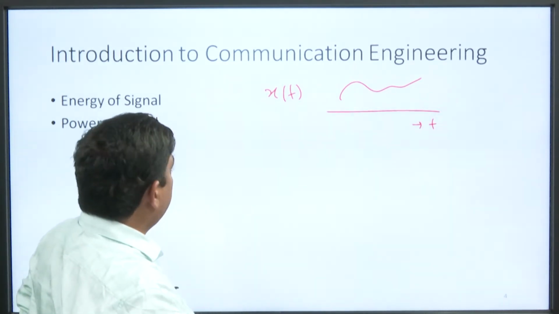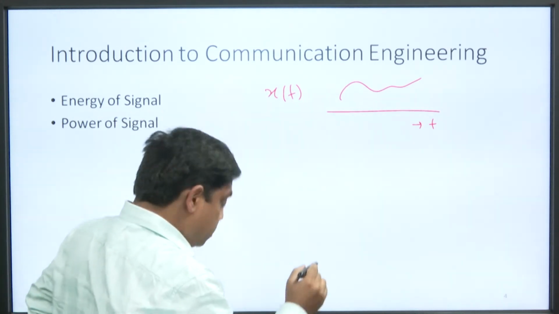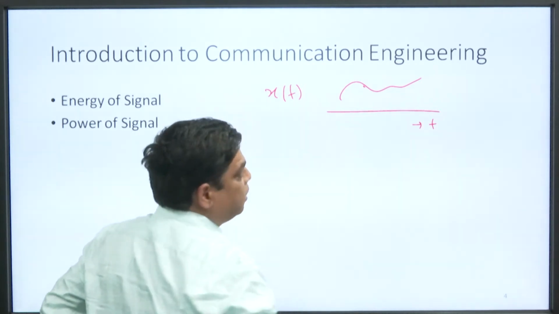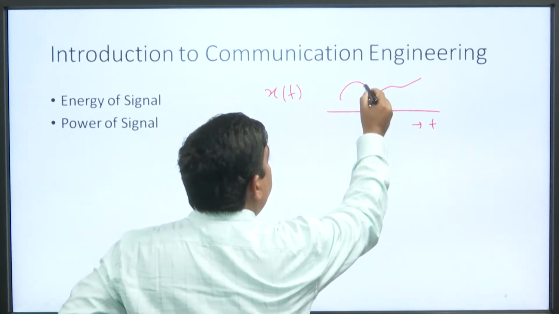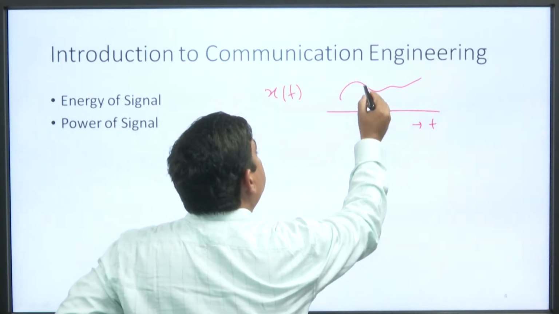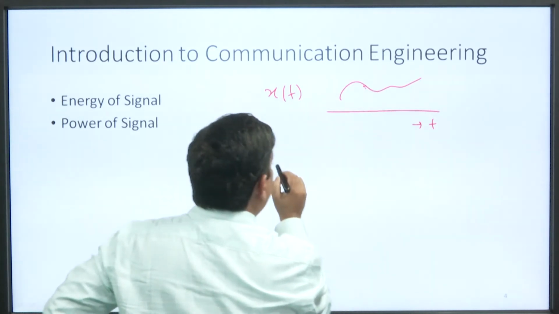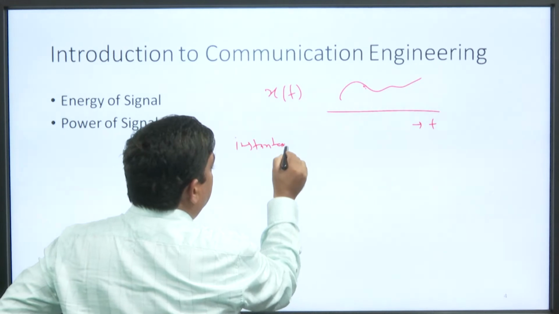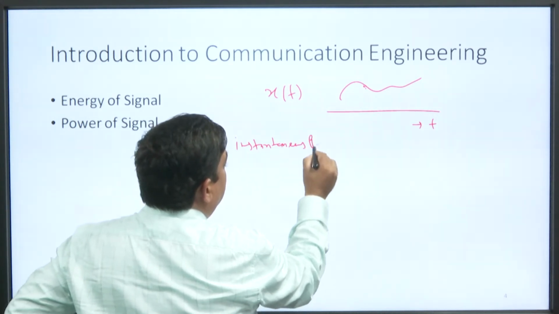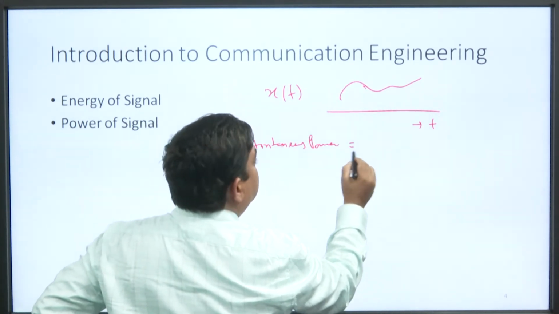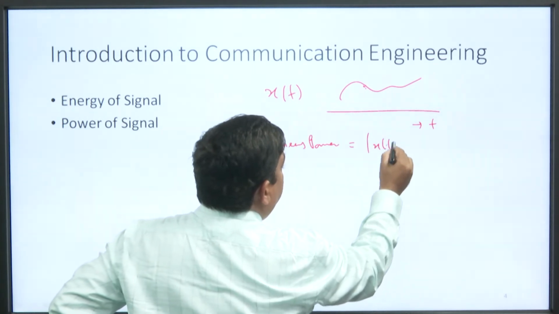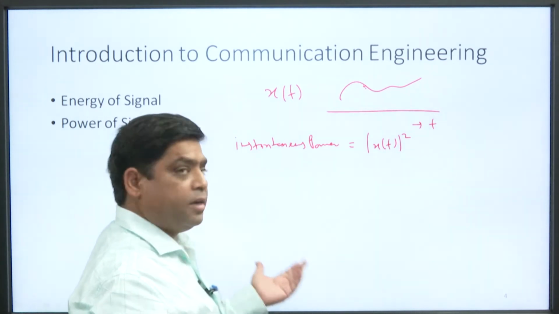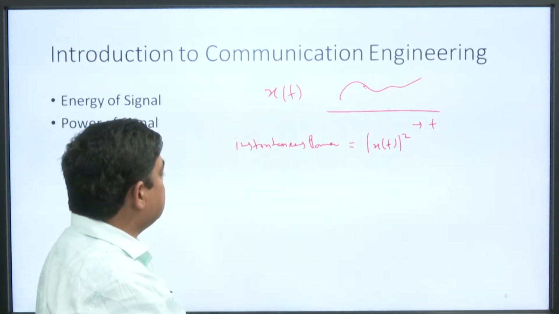Suppose it is a voltage or current. At one point, its instantaneous power equals mod of x(t) squared, either voltage squared or current squared. We can find its instantaneous power.